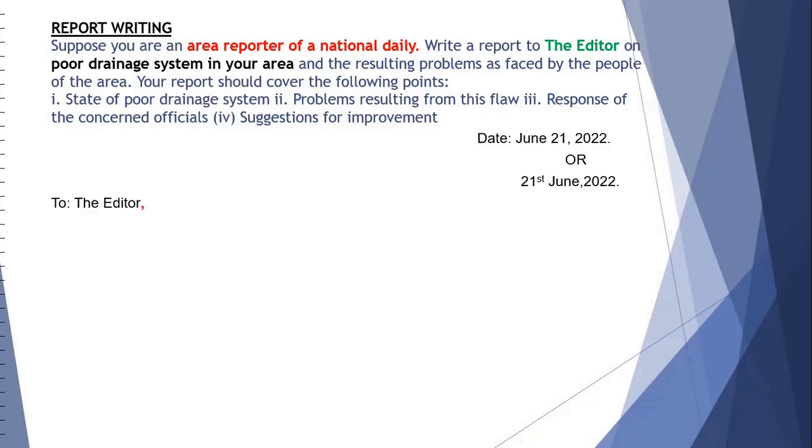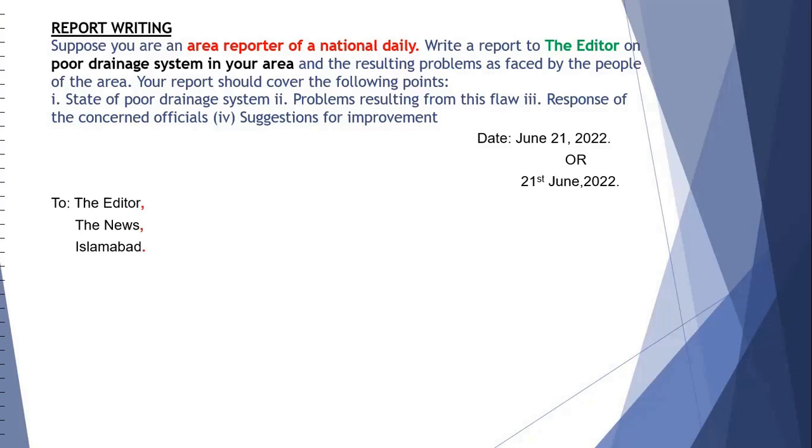To colon, then the editor, comma, then the XX newspaper, then XX city. I believe that there is no need to disclose your city or the newspaper name. Instead, if you mention XX newspaper, XX city, it is a better option.